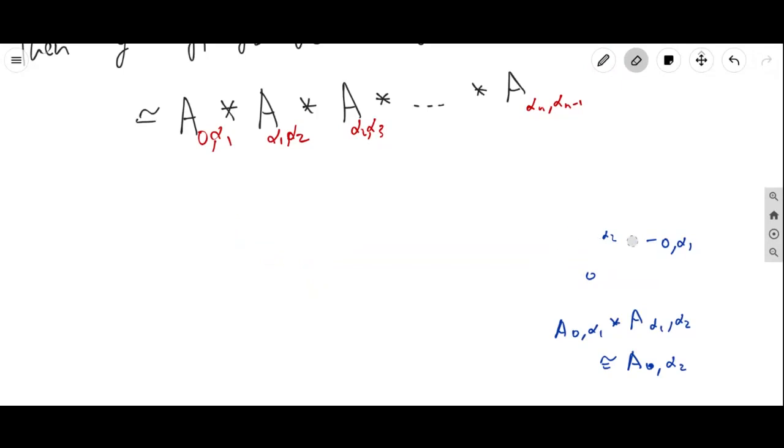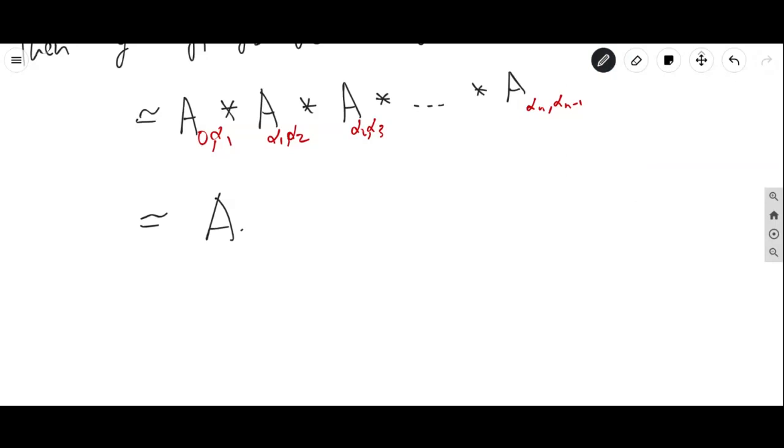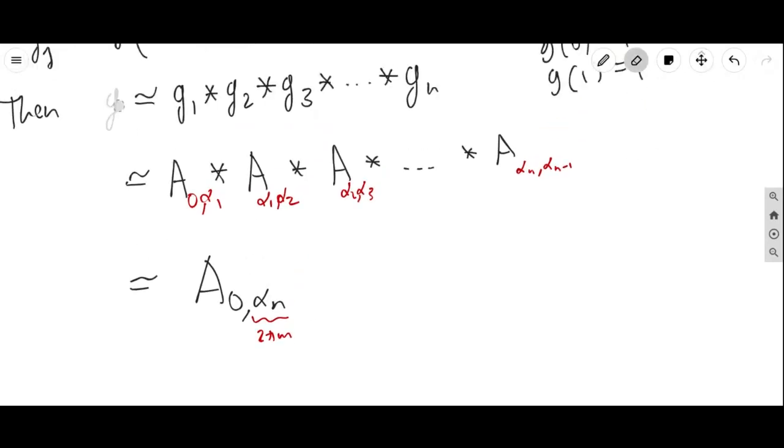So in the end, when you juxtapose all of these arcs together, you're going to get an arc that begins at 0 and ends at alpha n, whatever this is. Whatever that is, this has to be a multiple of m, because the G itself is a closed path.